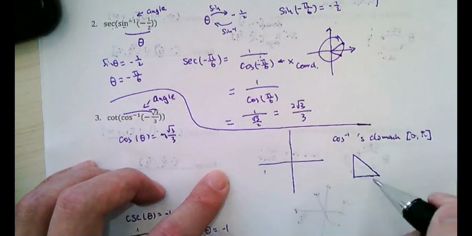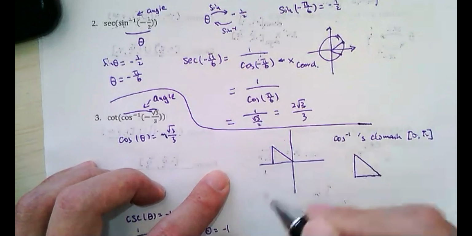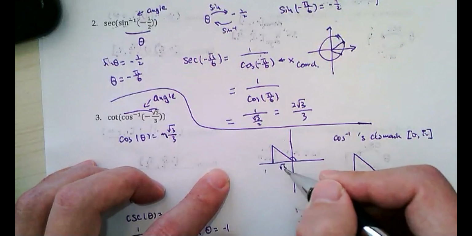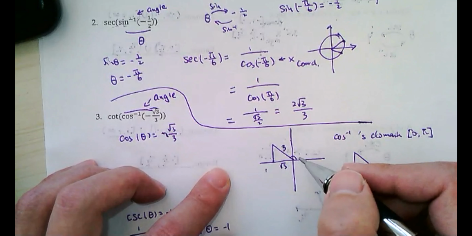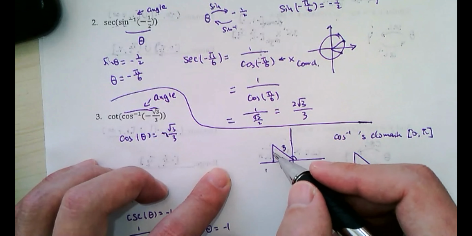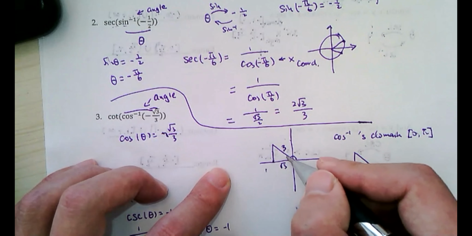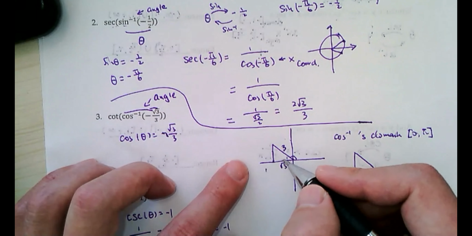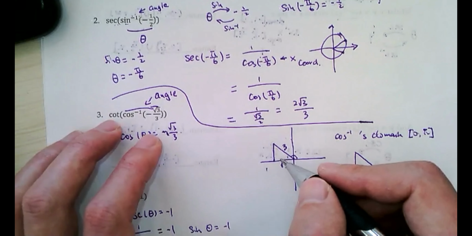So let's draw a triangle here in the second quadrant. Let's say this is the angle. So if this side is square root of 3, the hypotenuse will be 3. What is the length of this side? We just draw an imaginary triangle to help us figure out each side, then we can determine the values of that angle.